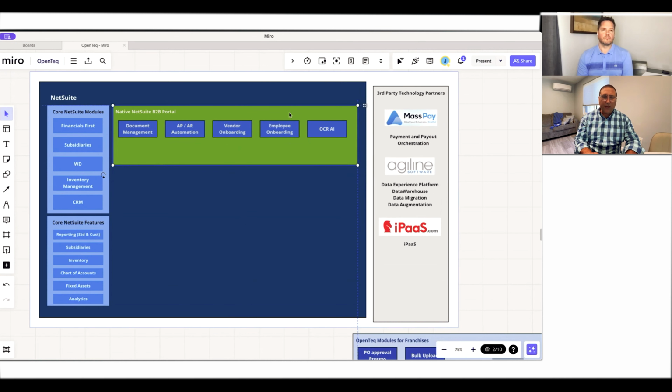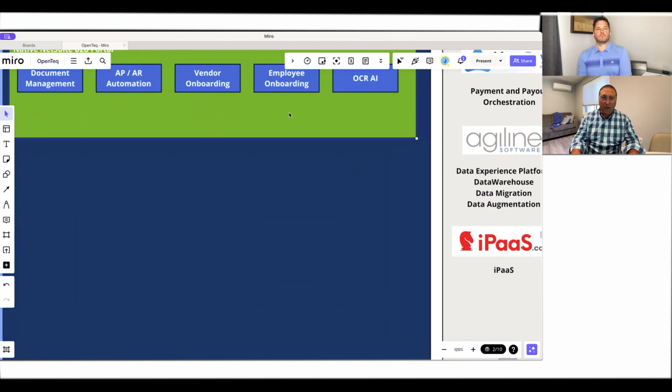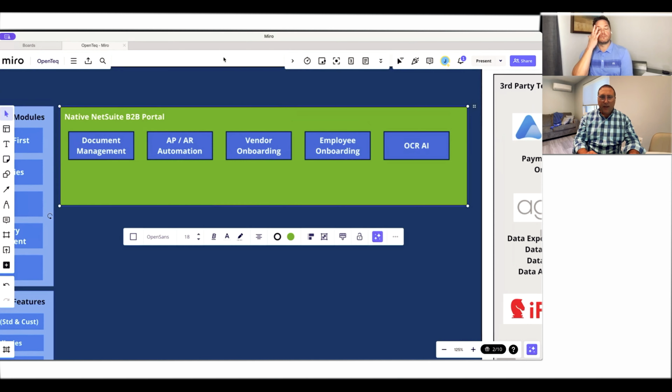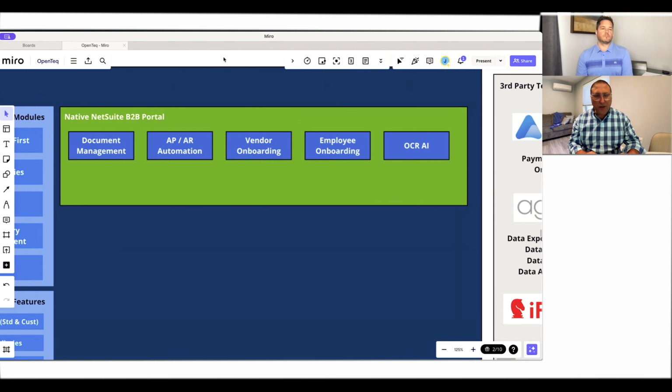The one thing I think that we know very well is the valuable nature of being able to manage documents, being able to have your AP/AR, your vendor onboarding, employee onboarding, and even an OCR-driven AI that's going to be able to really manage all invoices, all documents, all the AP/AR, but also be able to onboard and offboard vendors.